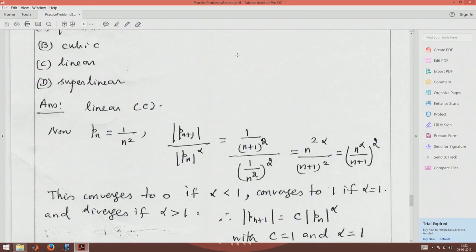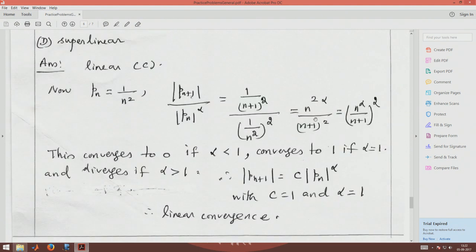Now, the sequence converges to 0. So, P(n plus 1) minus 0 is E(n plus 1), Pn minus 0 is En. So, I consider mod E(n plus 1) by mod En power alpha. It is given by (1 by n plus 1) the whole square by (1 by n square) the whole square to the power of alpha.